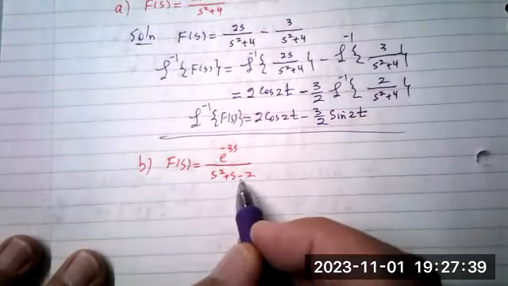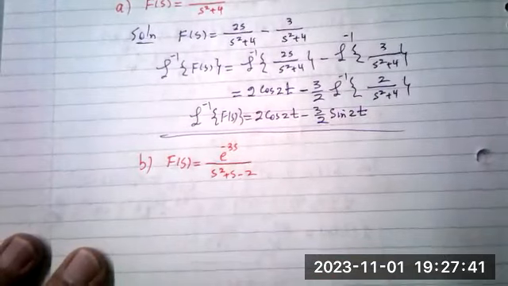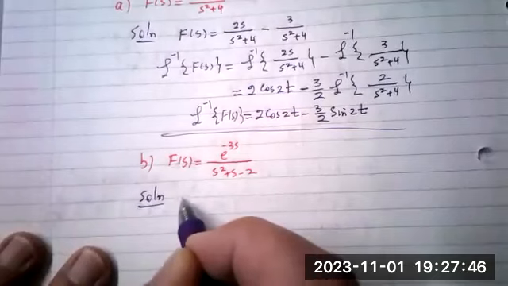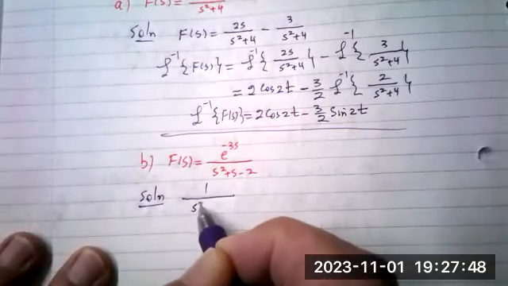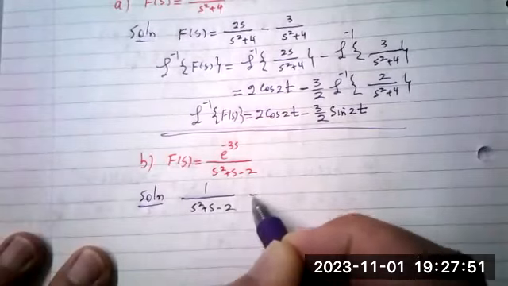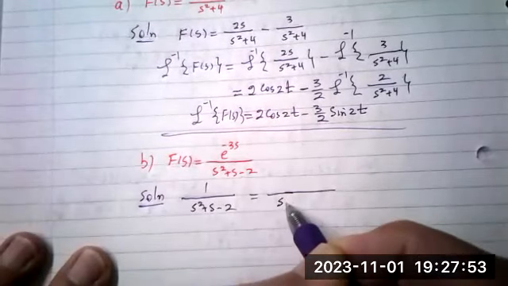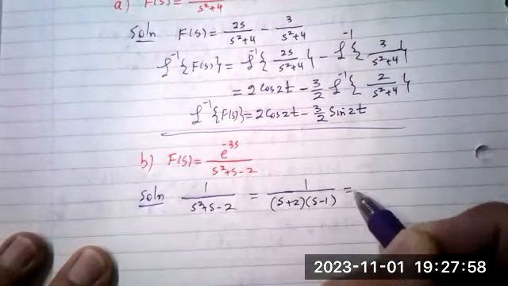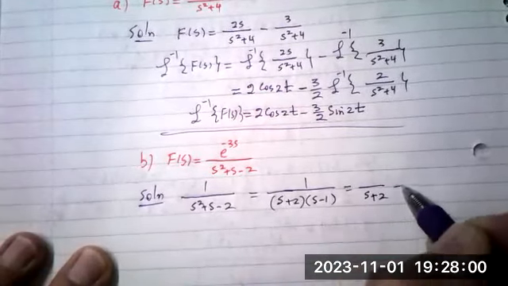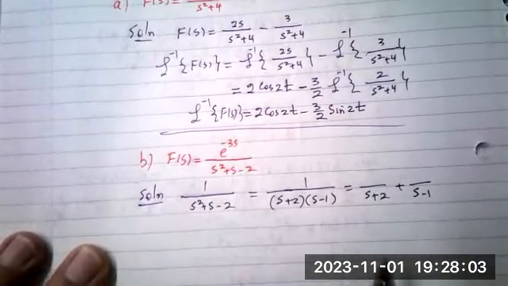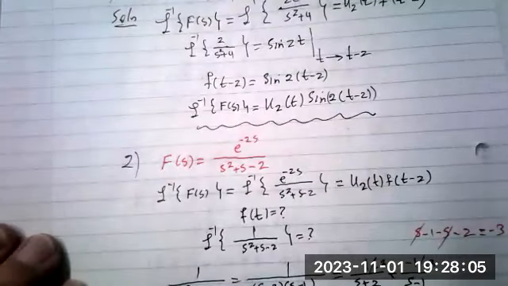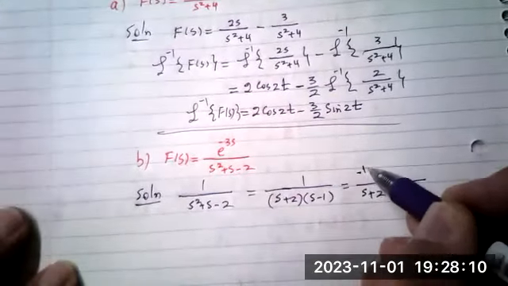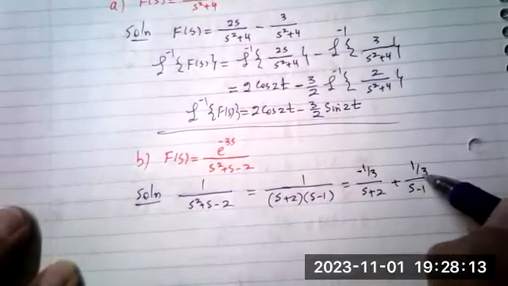So you have to do the partial fraction of the bottom one first. Solution. Let's take care of s squared plus s minus 2. Remember, as we did it, it's s plus 2 times s minus 1. With 1 on the top, and this is s plus 2 plus s minus 1. Remember, the numbers that we got are negative 1/3 and 1/3.